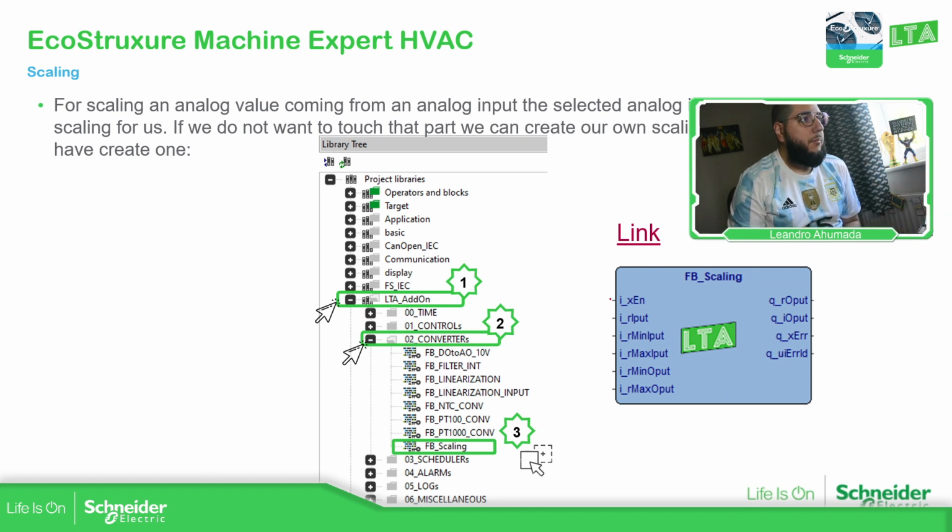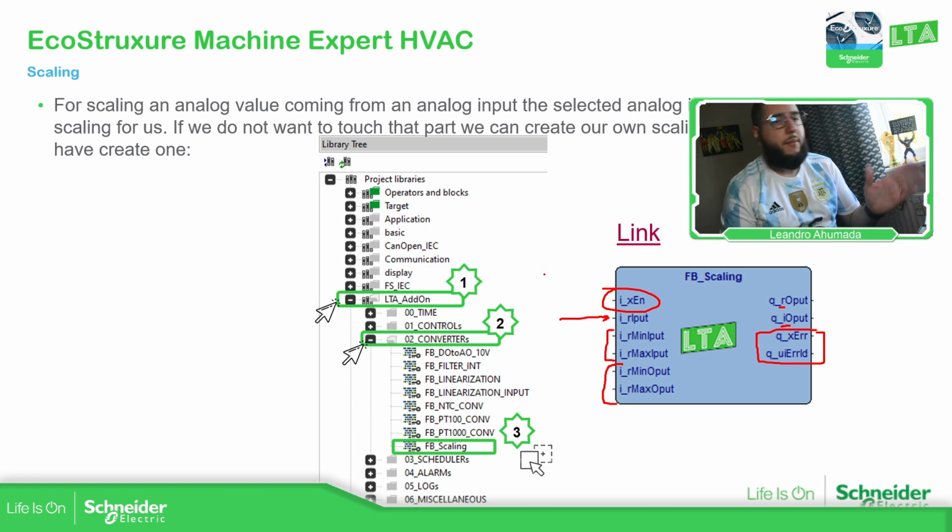So basically I have the enable of the function block, I have the analog input, but in real format. I have the minimum and maximum for the raw value, and then the values that I want to scale it to. And then I have the output in real format and integer format, and this one I didn't implement yet, just give me an error when the inputs are not correct. So this is what I have done.